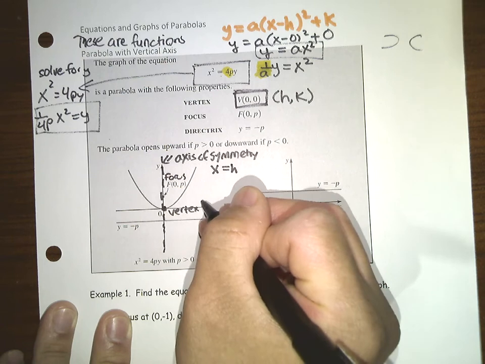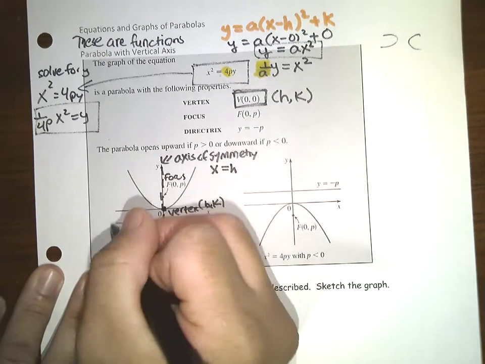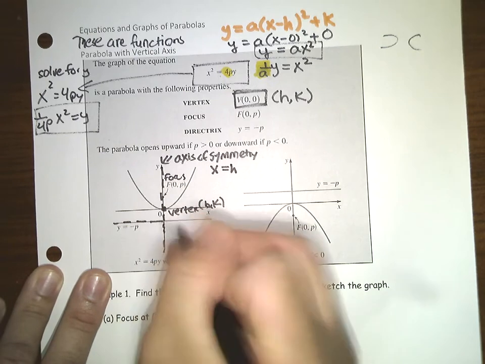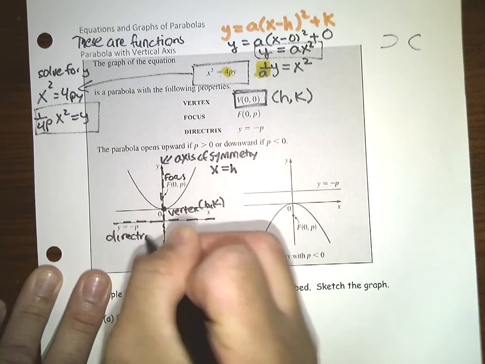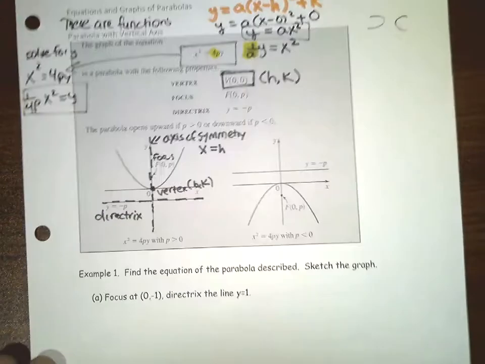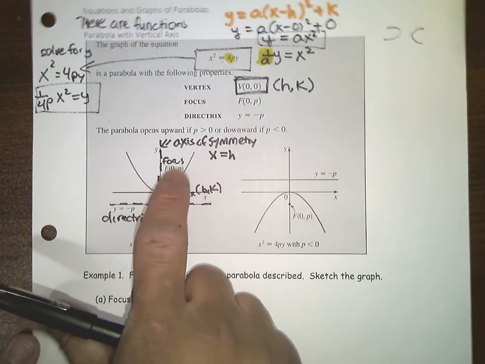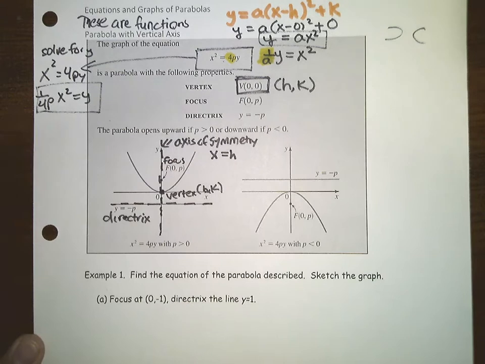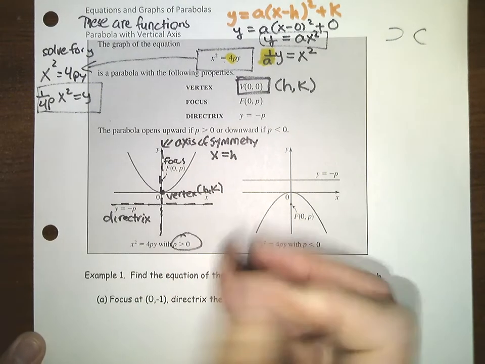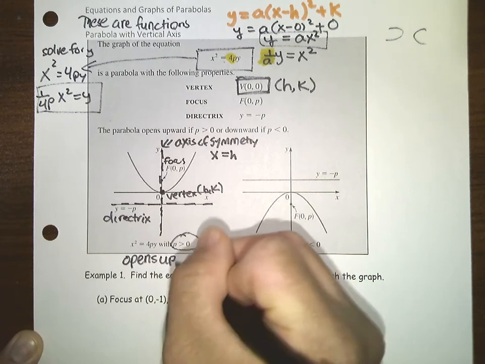So the vertex is (h, k), or in this case (0, 0). And then here's the directrix down here. So this is the directrix, and the directrix is always y equals negative p. And this is one where p is positive. It's up here at (0, p).